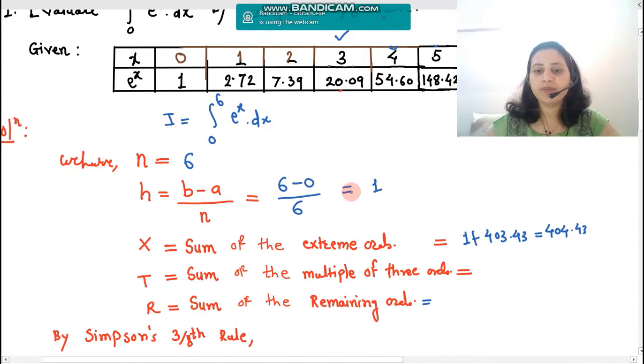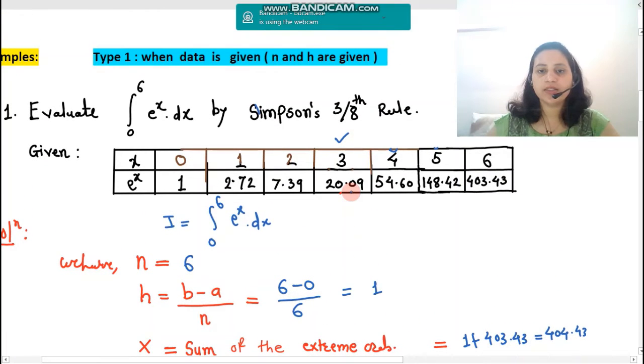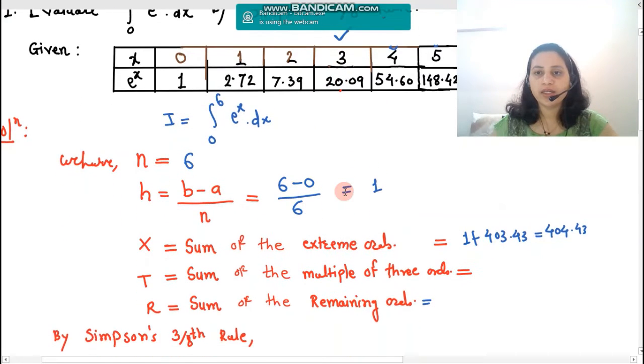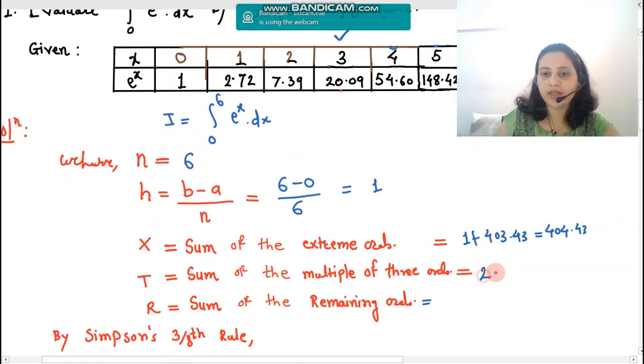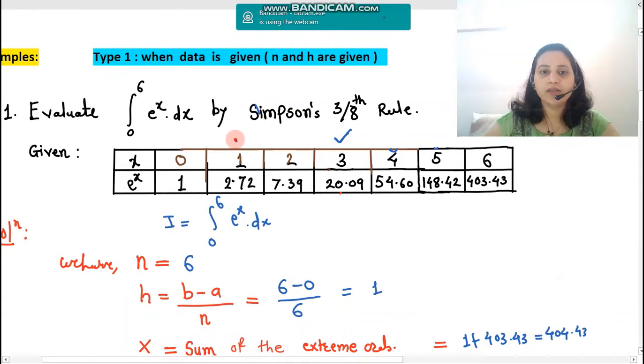Here in this table only 3 is available, because 6 we have already taken as an extreme ordinate. The corresponding value of 3 is 20.09, so that is the value of T. Now R is the sum of the remaining ordinates. So the remaining ones are 1, 2, 4 and 5.